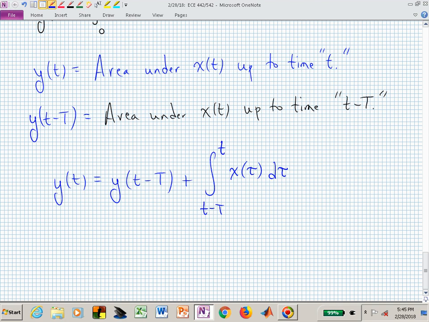And now what we're going to look at is different ways of approximating that integral.